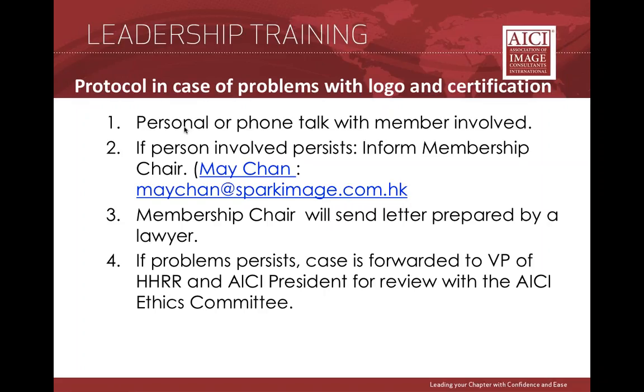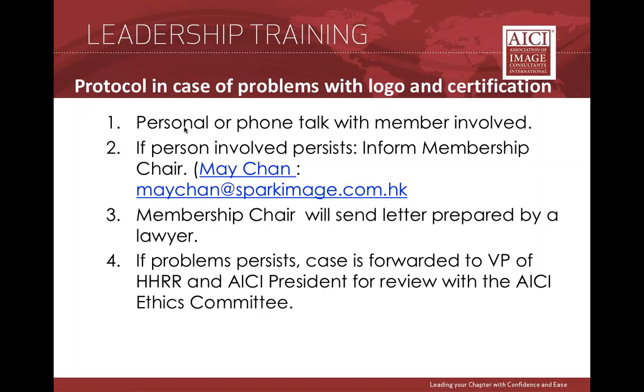It can be with the treasurer or the board, but you have to talk to the people and say, please take down the logo from your web page, or you are not CIC, you are not CIP, and you are promoting like that. So please don't be false with your resume.